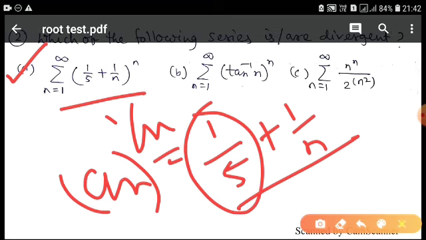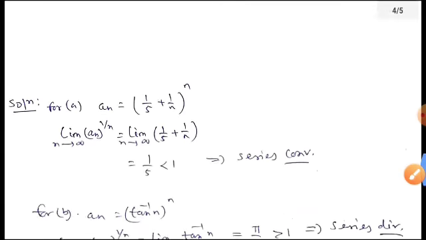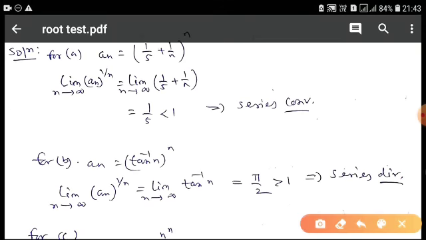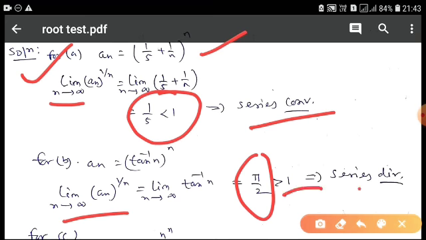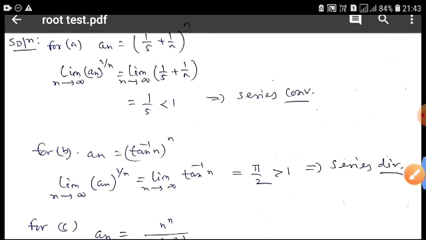So it is less than 1, as I have done here, and the series will converge. Similarly, for summation of tan inverse n to the power n, you can use this same test and you will find pi by 2, which is greater than 1, so it is divergent.